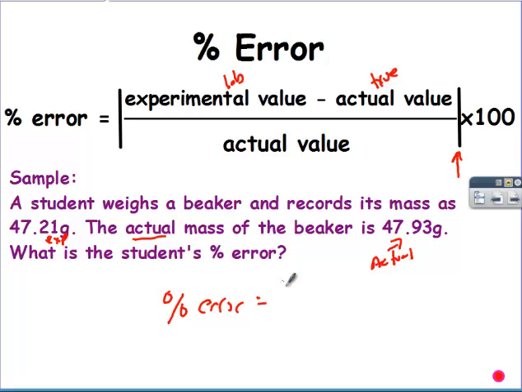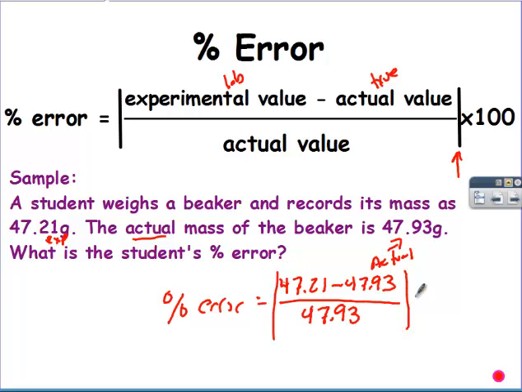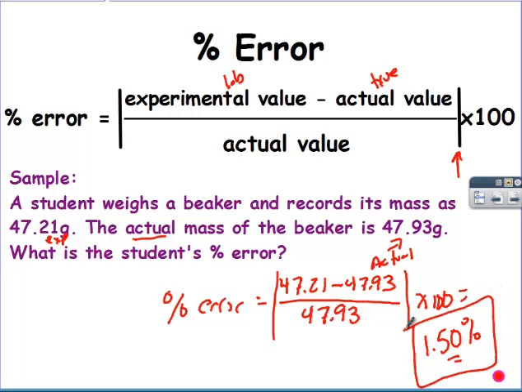So we should have the true or actual value should always be on there twice, top and bottom. We get 1.50%. When you're calculating percent, it's going to keep 2 decimal places. 1.5% is pretty good percent error. And that concludes this video.